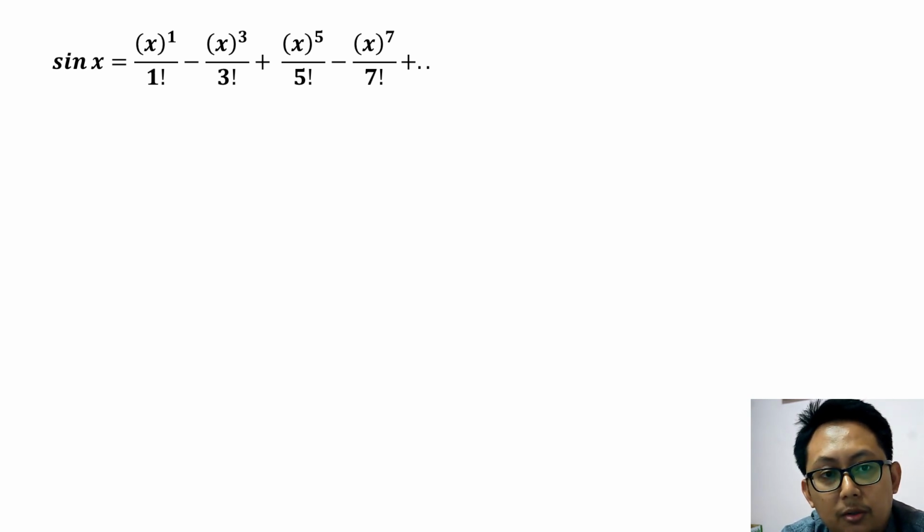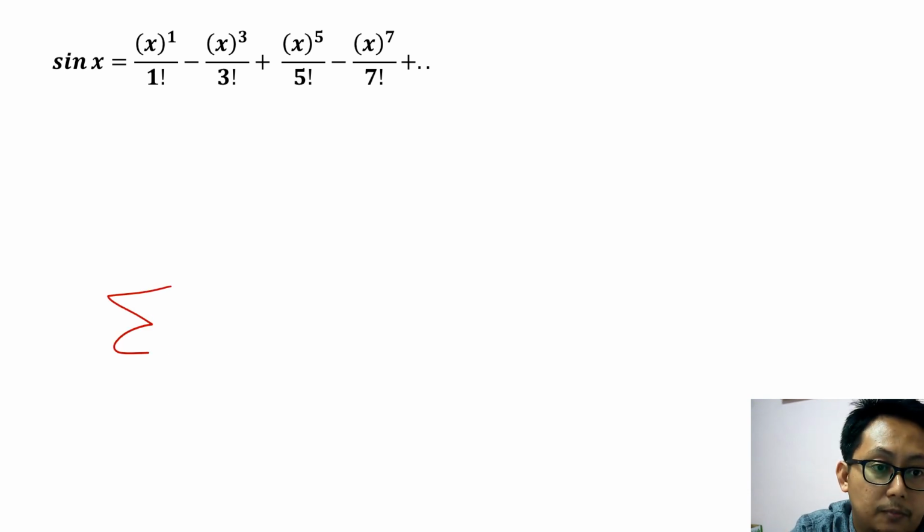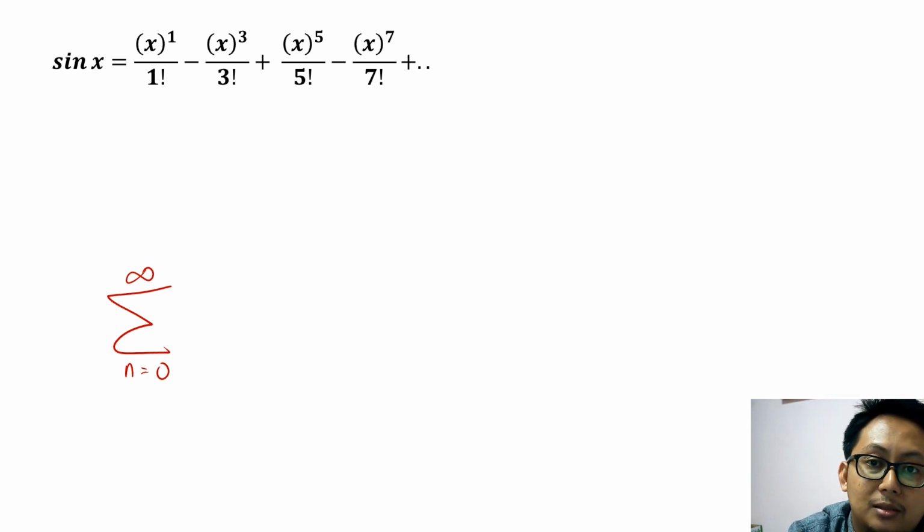How do we solve this? We want to find the summation, the summation to infinity starting from n equal to 0. Right now we have the pattern where the power and the factorial are the same: 1, 1, 3, 3, 5, 5, and 7, 7. So the pattern is quite different.